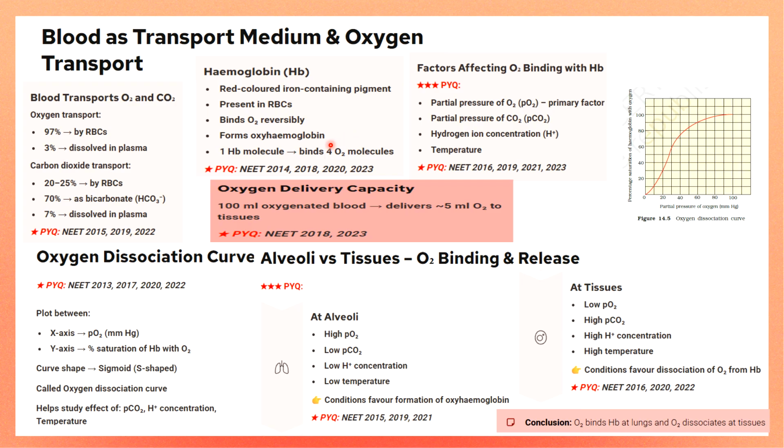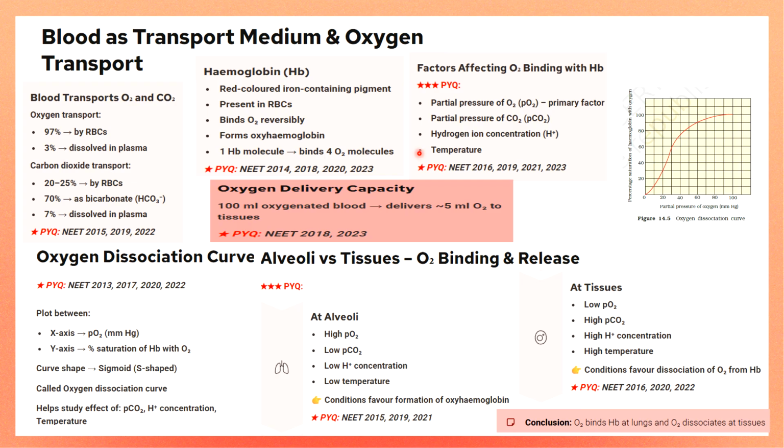Why is reversibility required? Look, in the lungs we need the oxygen to be carried in the blood, so it needs to bind to the hemoglobin. But what about the tissue side? We now need the oxygen to be delivered, so it needs to be dissociated. If the binding of oxygen and hemoglobin is not reversible, we cannot load and unload oxygen from hemoglobin.